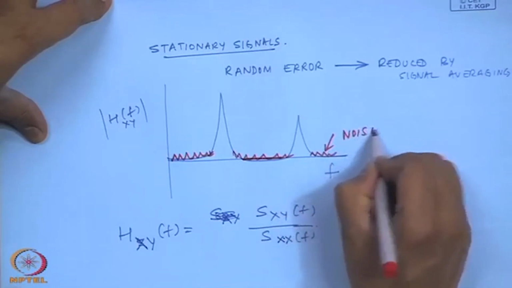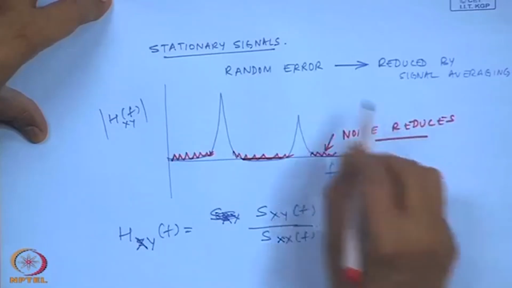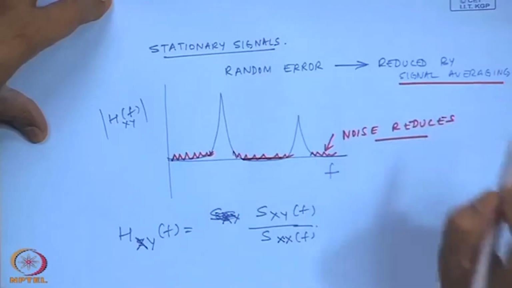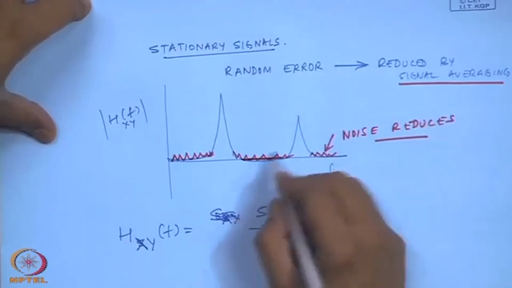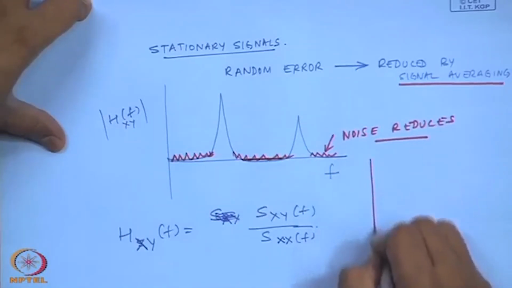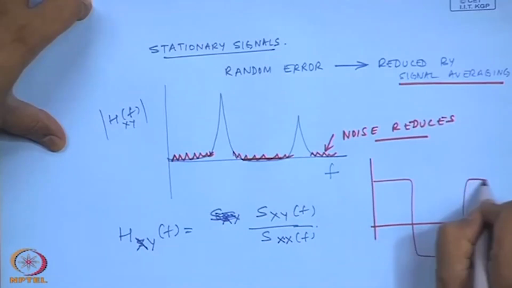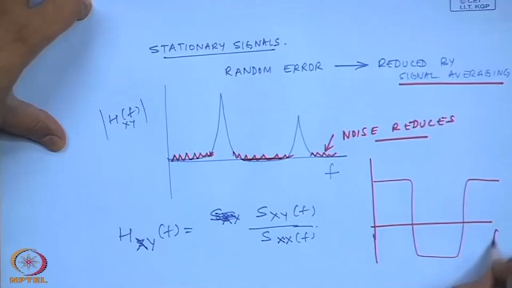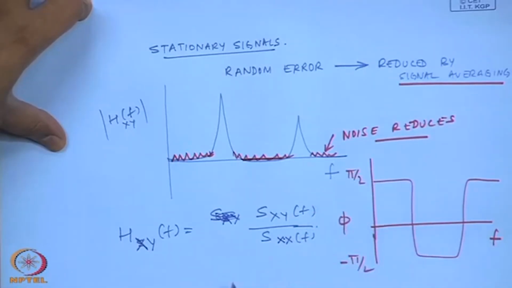Noise reduces by signal averaging. Now, similarly for this, if you look at the phase, that also is pretty nicely defined. Phase of the transfer function.